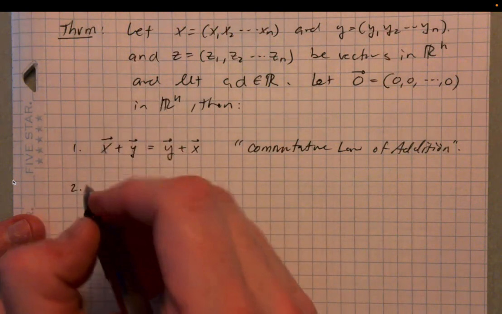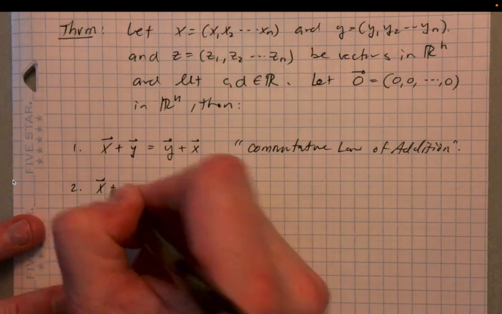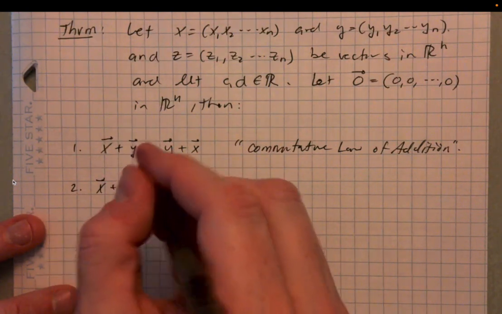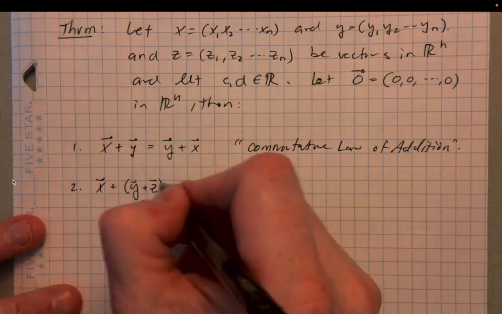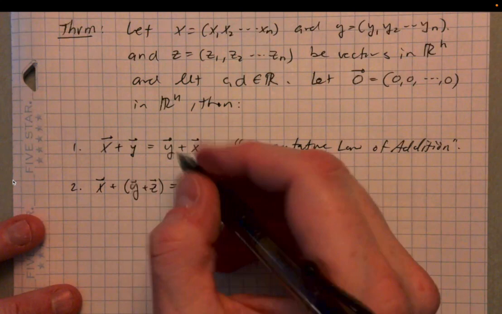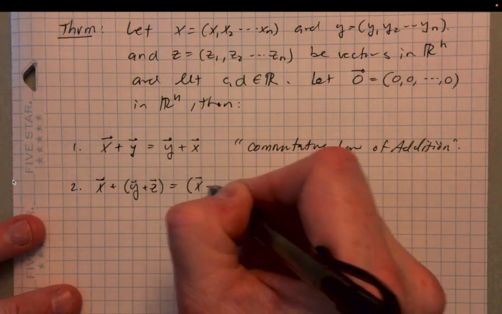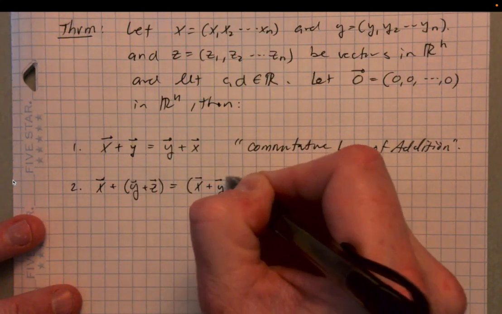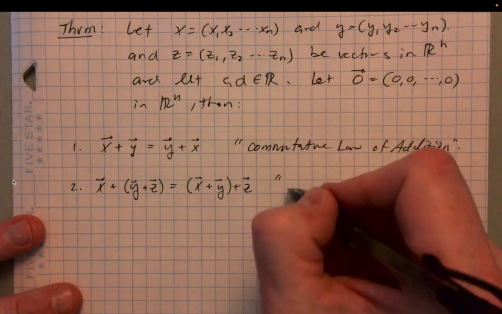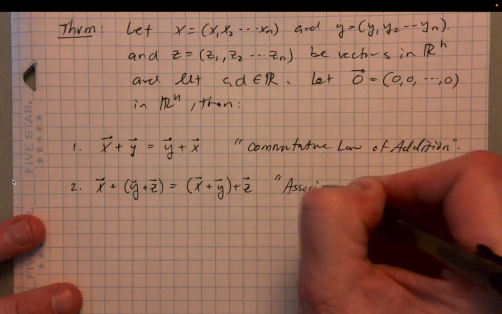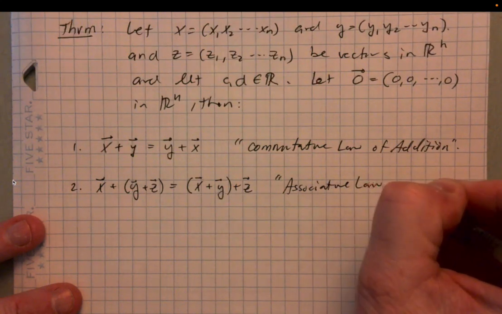There's also this. If I take a vector x plus 2 vectors y and z, then it's the same as adding x and y first and then adding z, right? And this is the associative law of addition.